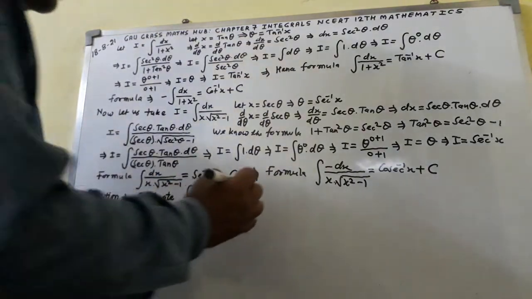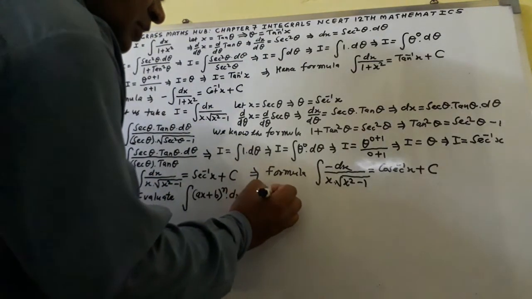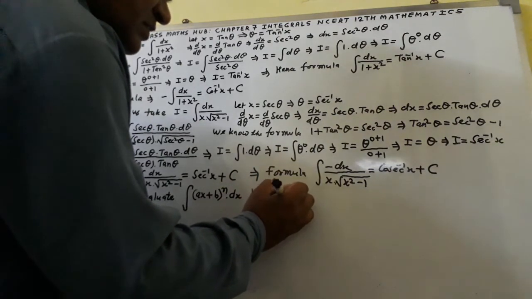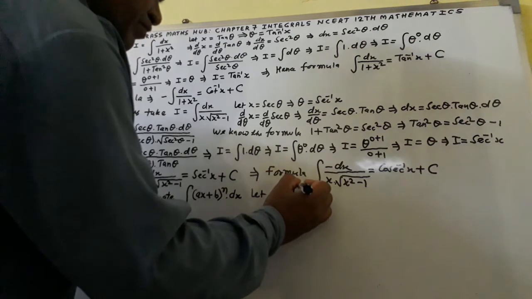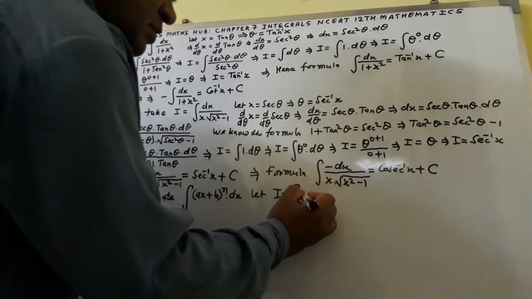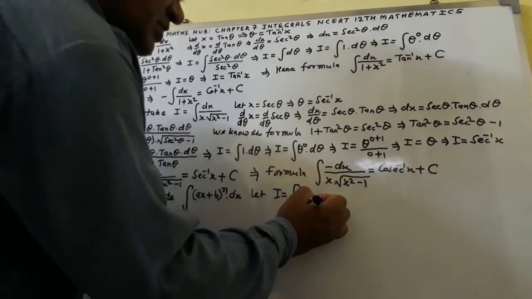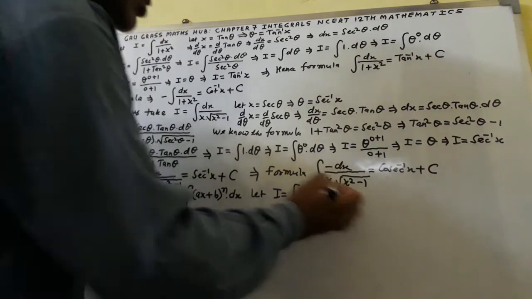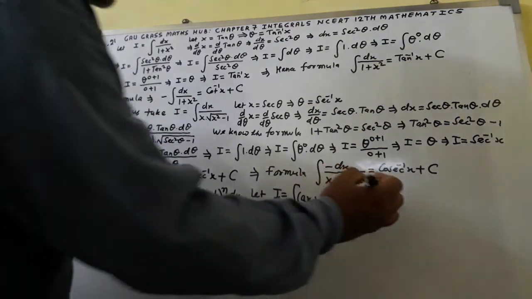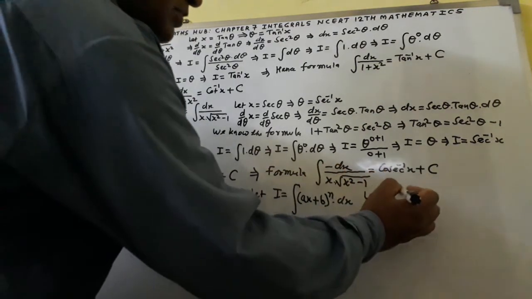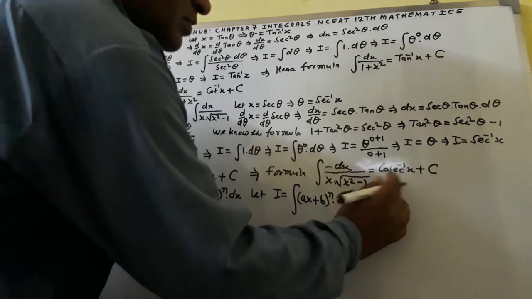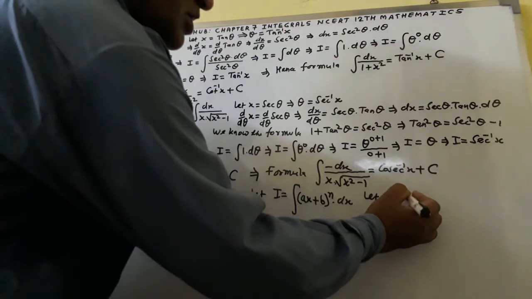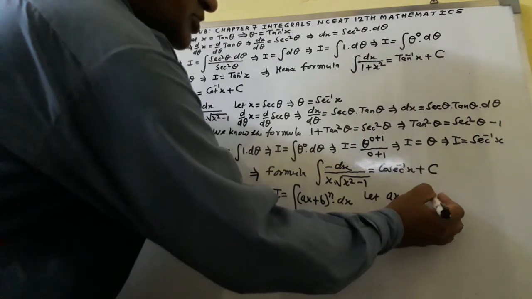Let us see. Here I shall write let I equal to integral ax plus b whole to the power n dot dx. So again I shall write let ax plus b equal to t.